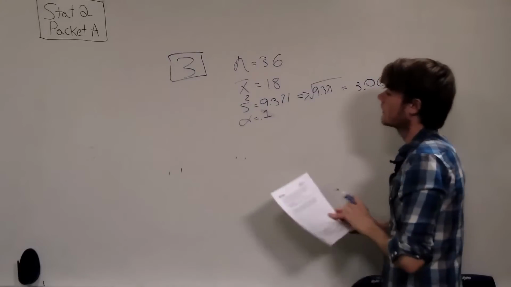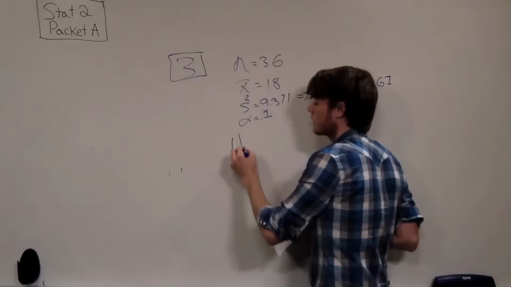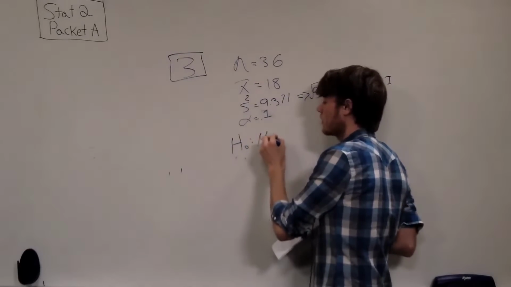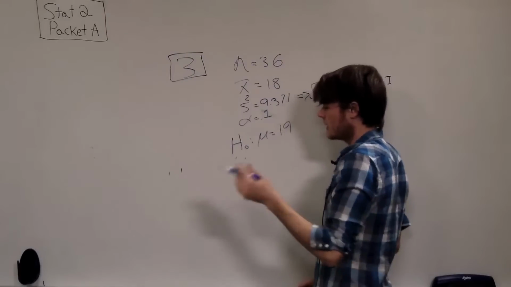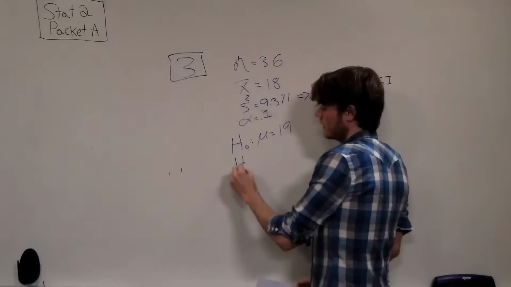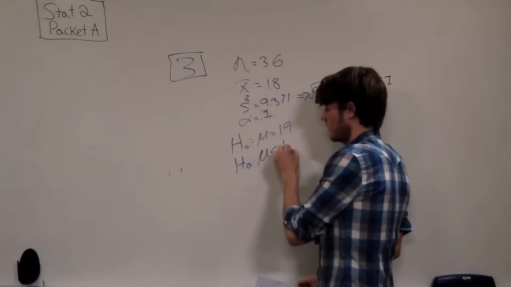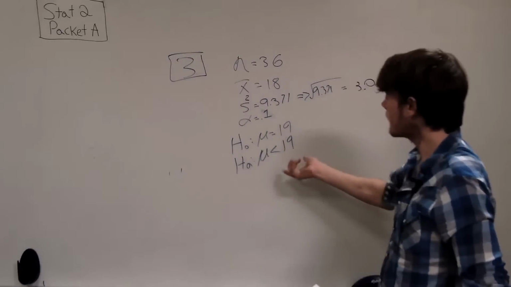Someone tells me that they think the true mean value is 19. And I say, no way, I think the true value is less than 19. So how do we test that?